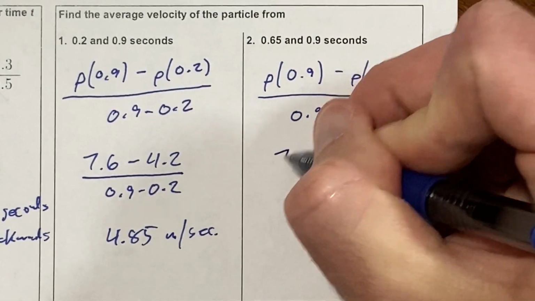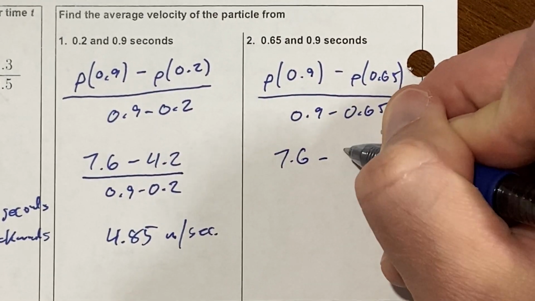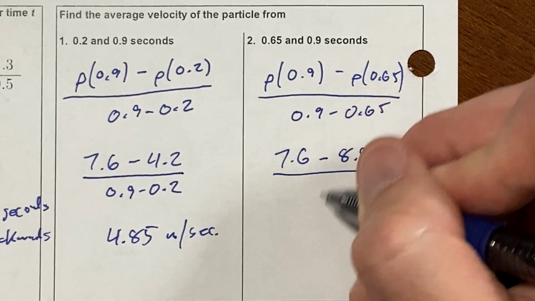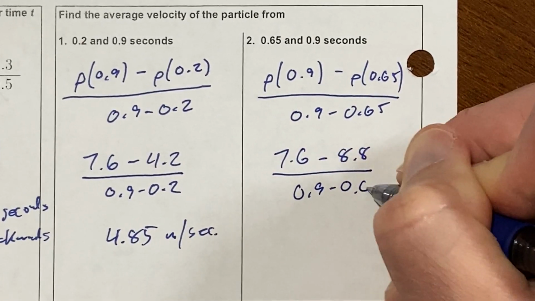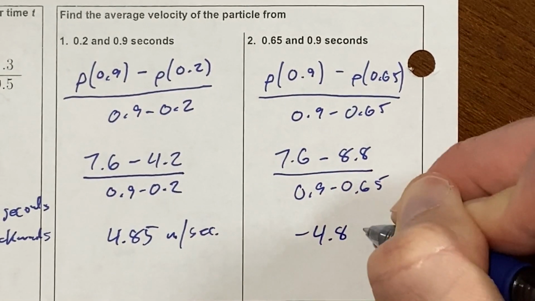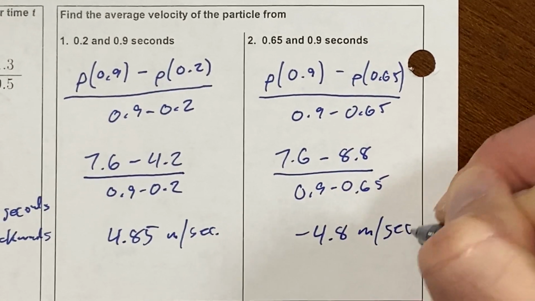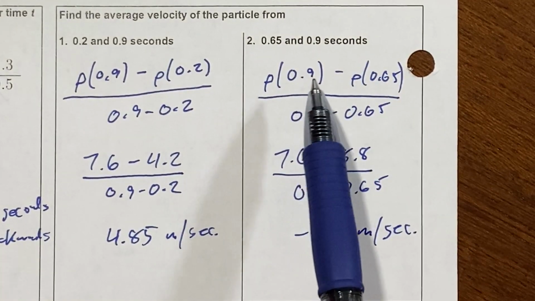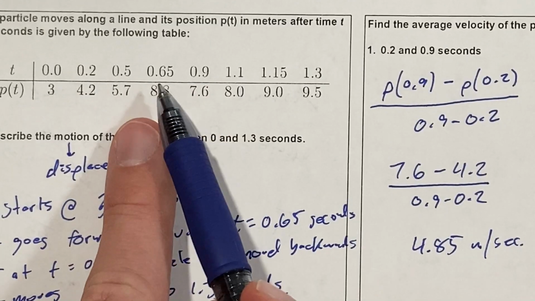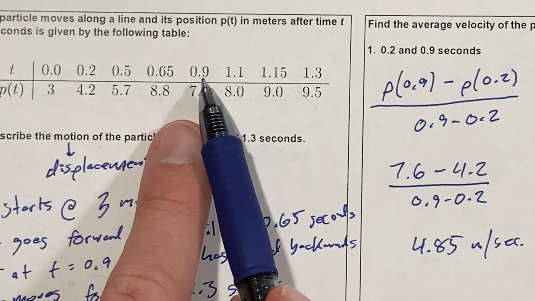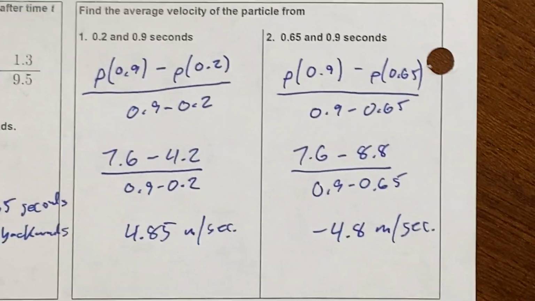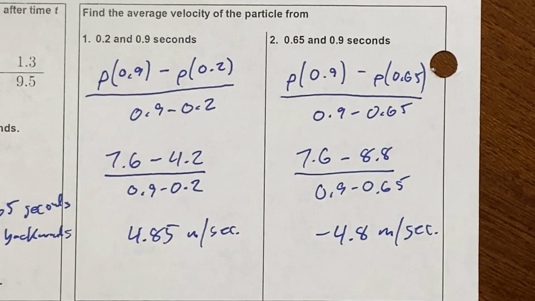We've got 7.6 minus 8.8 over 0.9 minus 0.65. And that's going to be a negative number, negative 4.8 meters per second. So that makes sense. From 0.65 to 0.9, it's moving backwards. Therefore, I have a negative velocity here.